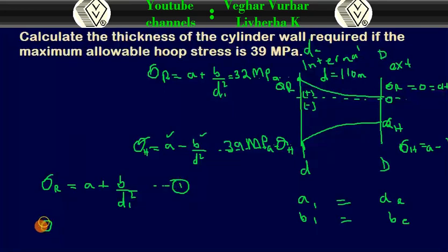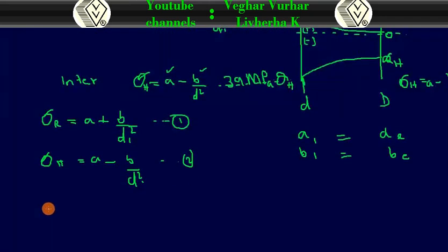Call this equation 1 for the hoop stress. We are doing the internal one. We are using the internal side. So the hoop stress is with the negative, and then we're going to get the square for internal. We call this equation 2.